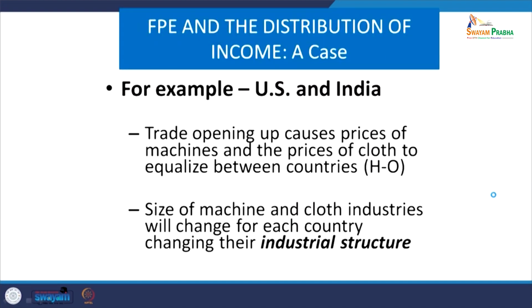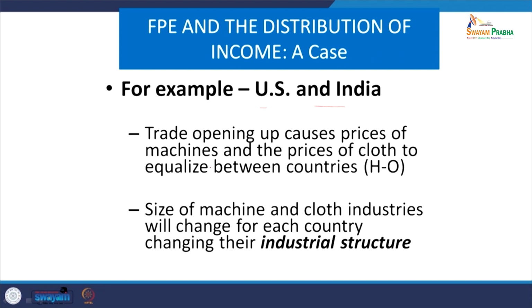A case we wish to present for better understanding is the trade between US and India. If we read between the lines, trade opening causes prices of machines and prices of cloth to equalize between countries.